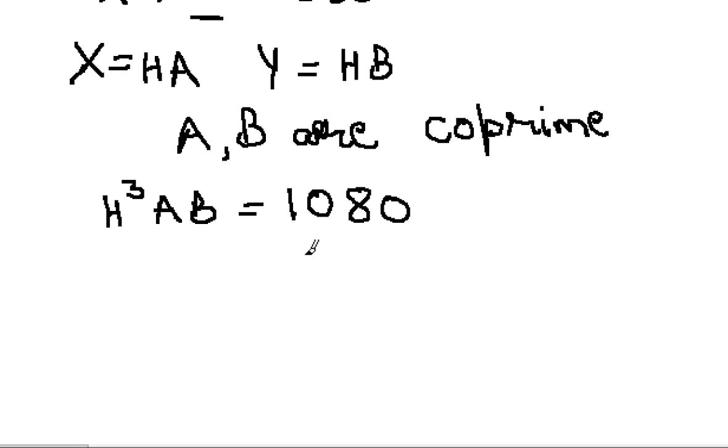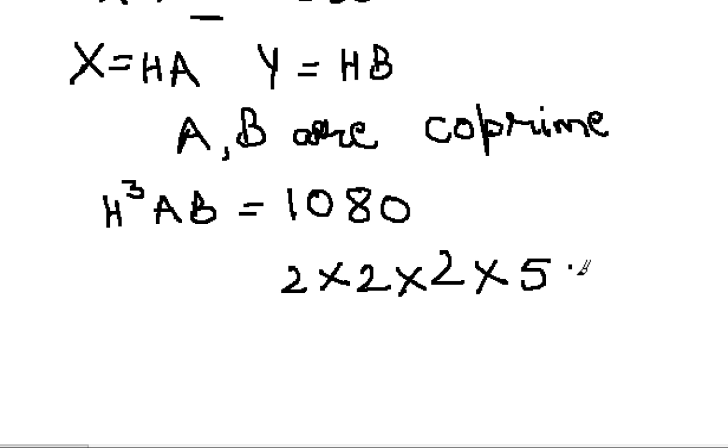Okay, so we'll now just try to factorize 1080. This can be factorized as 2 into 540, then 2 into 270, then 2 into 135, so we take 5, and then we are left with 27, which is actually 3 cube. So this could be written as 2 cube into 3 cube into 5.